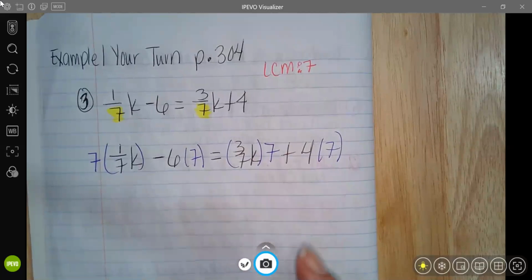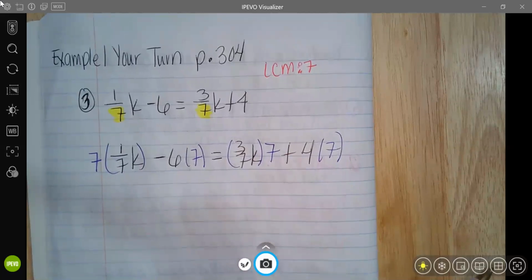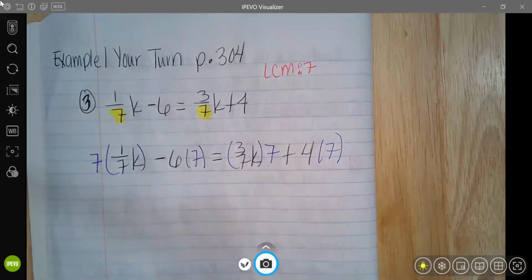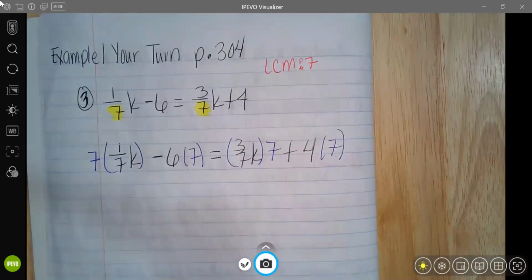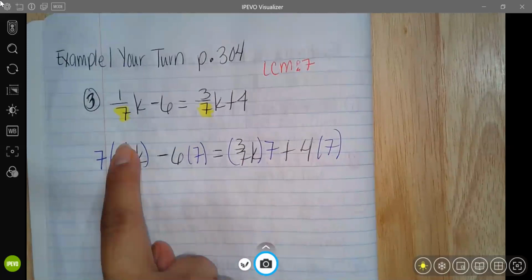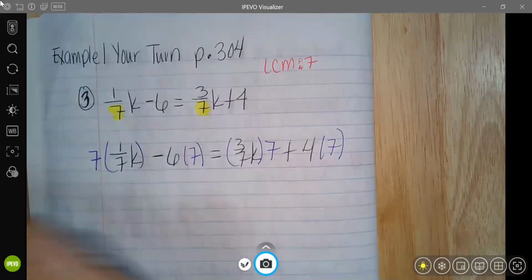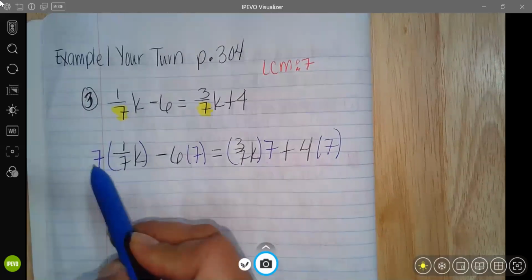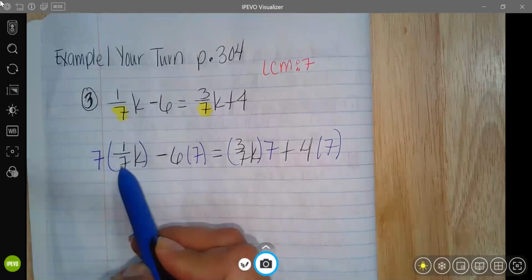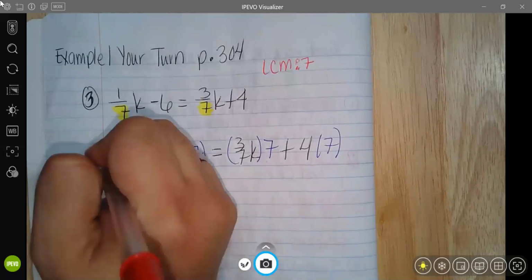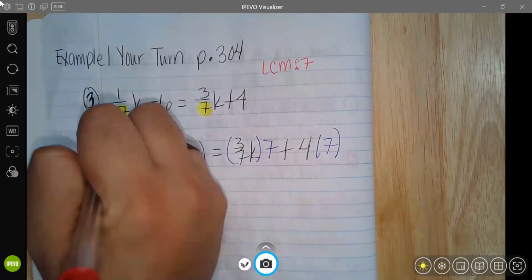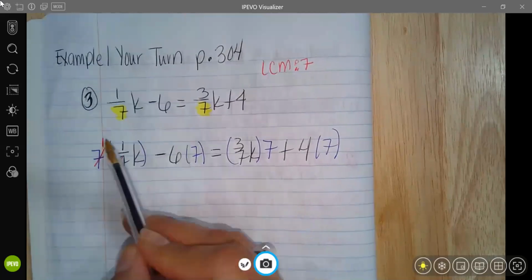All right, so now we can break this down and get rid of those fractions, right? And we can have a really good looking equation and we can solve for the variable K. So we have 7 times 1/7. Remember, you're gonna take this whole number and divide it by the denominator. So that's 7 divided by 7, which gives us 1. So now I have 1 times 1K.